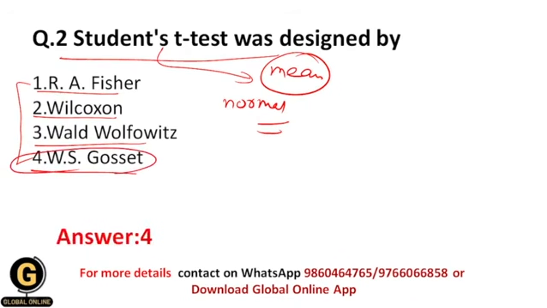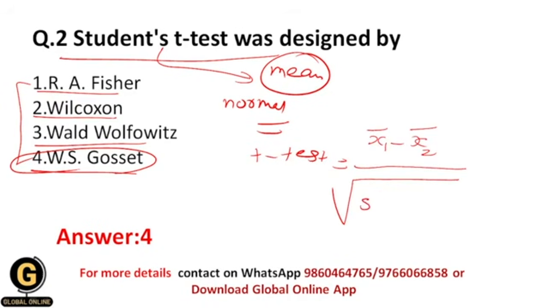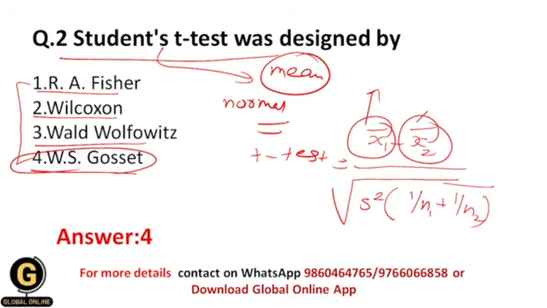Gosset. And the formula for the student's t-test is x1 bar minus x2 bar upon under root s square in bracket 1 upon n1 plus 1 upon n2. Here x1 bar is the mean of sample 1 or group 1, x2 bar is the mean of sample 2 or group 2, s square is the standard deviation value if they have given.